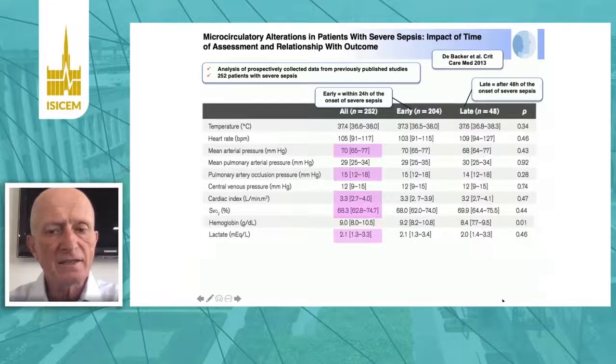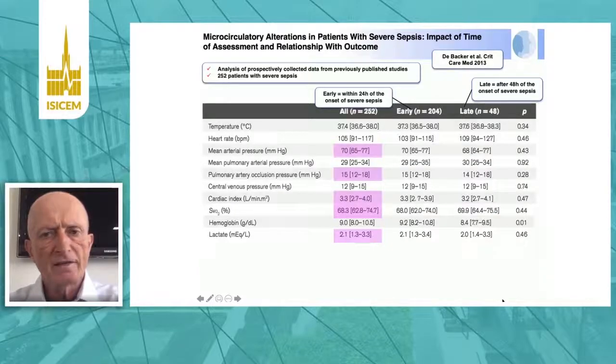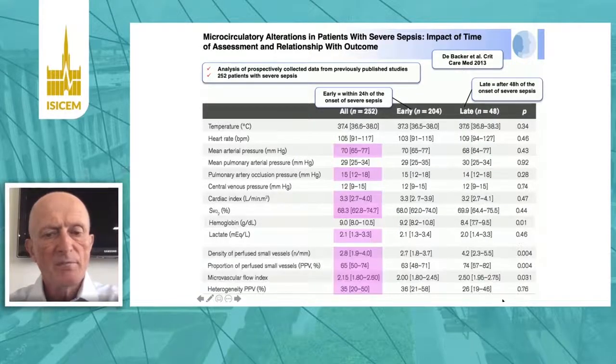This has been nicely demonstrated by Daniel De Backer in septic shock. You can see that in this septic shock, during the early period within 24 hours of the onset of the sepsis, or during a late phase, after 48 hours of the onset of the severe sepsis, despite the restoration of macrocirculatory parameters, microcirculation is still altered.